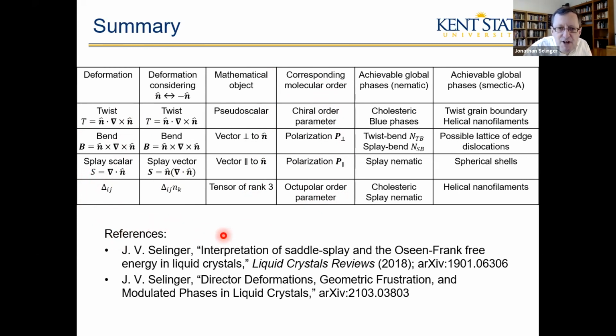However, because of geometric frustration, it can't achieve exactly what it wants. It has to do something more complicated with a mixture of modes or with domains separated by defects or domain walls. And that, I think, makes a pretty nice way to think about the rich variety of modulated phases, all the phenomena that we study in this field of liquid crystals.